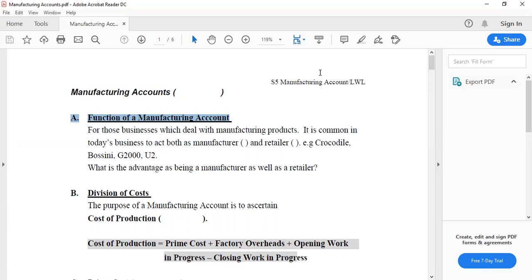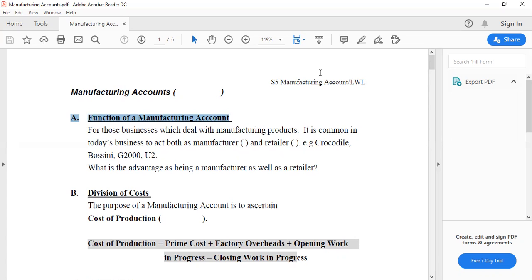We prepare a manufacturing account to show the manufacturing cost. This is for a manufacturing business that buys raw materials and converts them into finished goods. The manufacturing account is prepared to determine the manufacturing cost of the business.